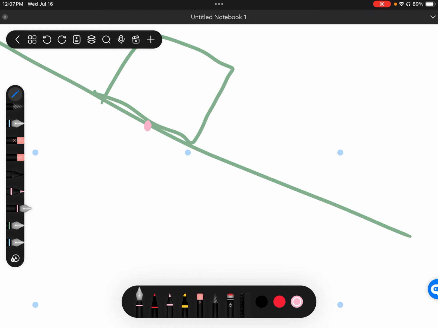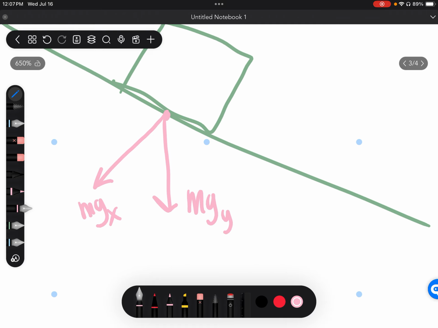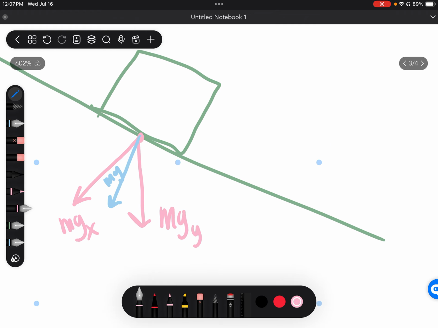So we know that there's some gravity going down here, which we'll call mgy. And we also know there's some gravity going like this called mgx. This is why it's so important to understand how to break down forces, because now we broke a force, which I'll put in a different color, as normal mg, into mgy and mgx. And you'll see exactly why we did that. The reason we did that is because when we draw it out, the force of friction will be applied in this direction.